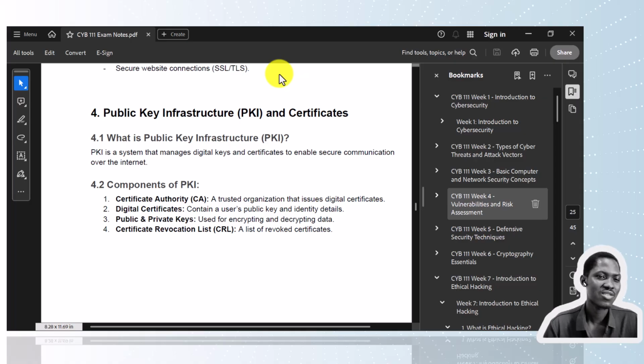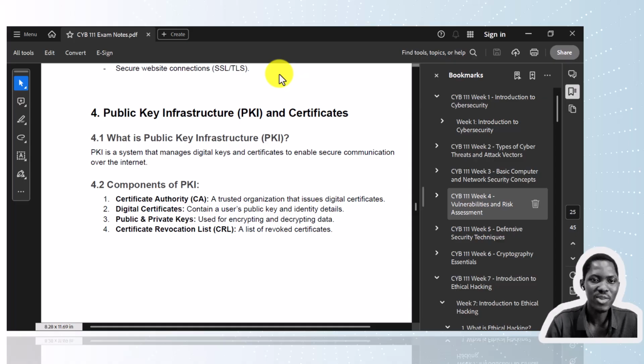Public key infrastructure is a system that manages digital keys and certificates to enable secure communication over the internet. That's just PKI: the system that manages the digital keys and certificates for us to be able to securely communicate over the internet.